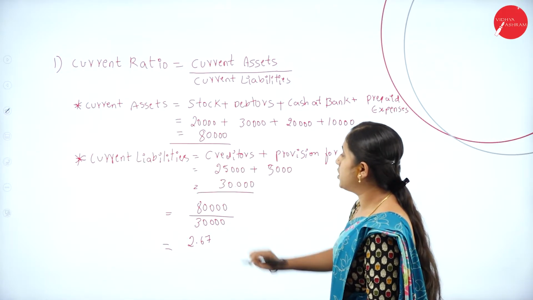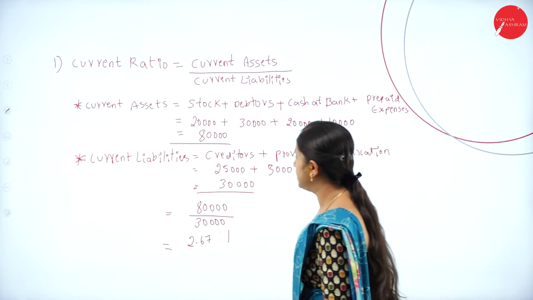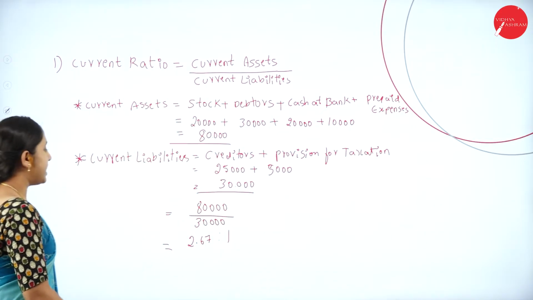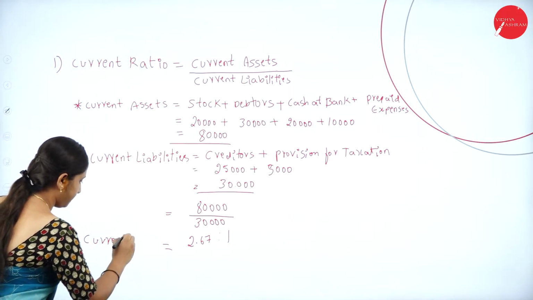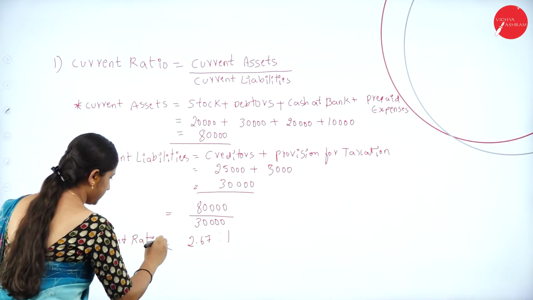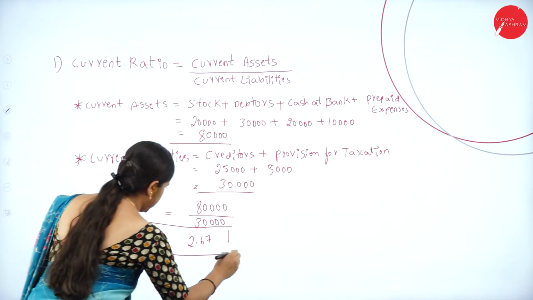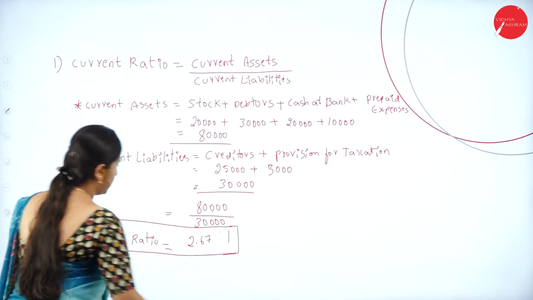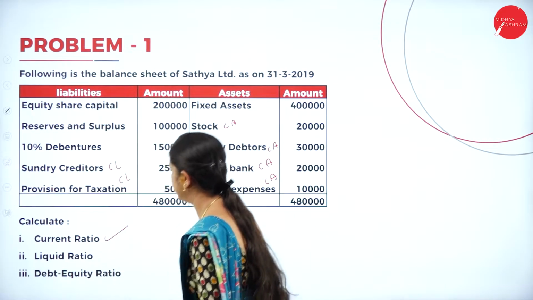So the current ratio is expressed as 2.67 is to 1. Current ratio we calculated.